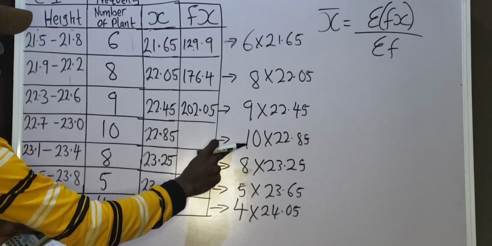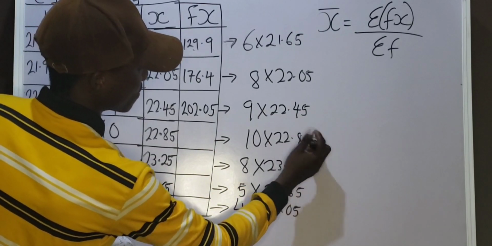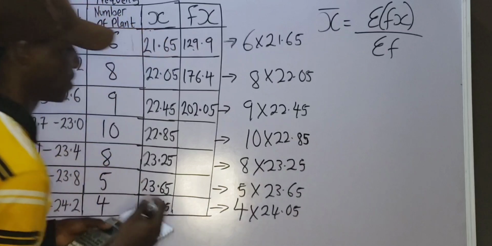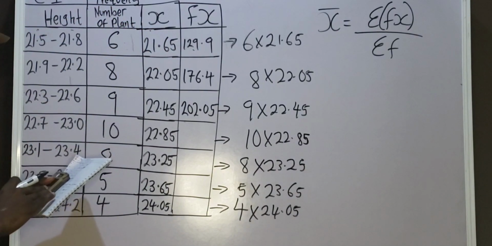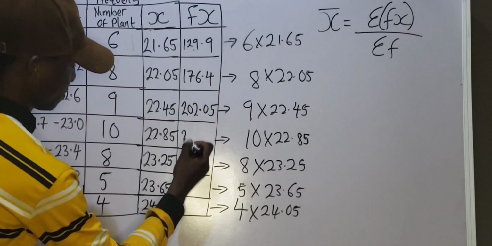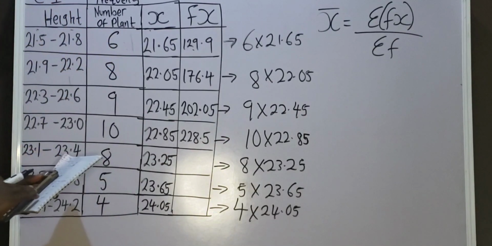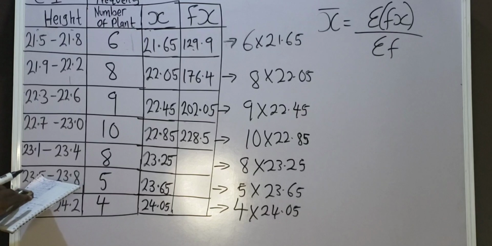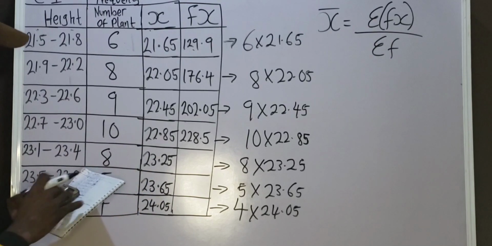Now for this cell, 10 multiplied by 22.85 is 228.5. For the next, 8 multiplied by 23.25 is 186.0.